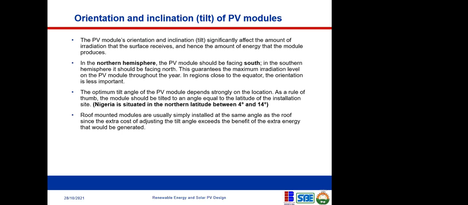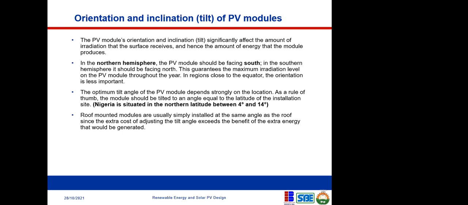Now, there are some roof-mounted PV systems where you cannot reconfigure the roof because the roof is already there. In such cases, the cost of reconfiguring that roof does not make sense compared to the cost of the additional energy you would get from the right tilt angle.